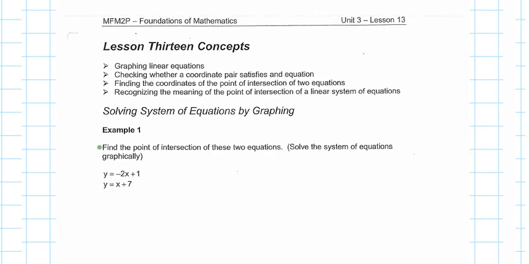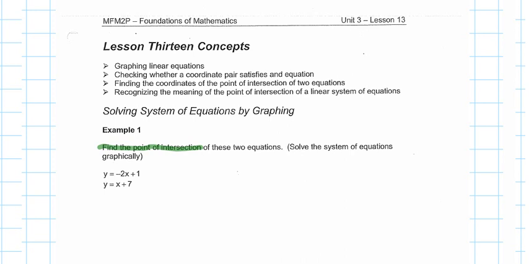The question will say, find the point of intersection of these two equations, and it's very specific here. It wants you to solve the system of equations graphically. So it wants you to graph.